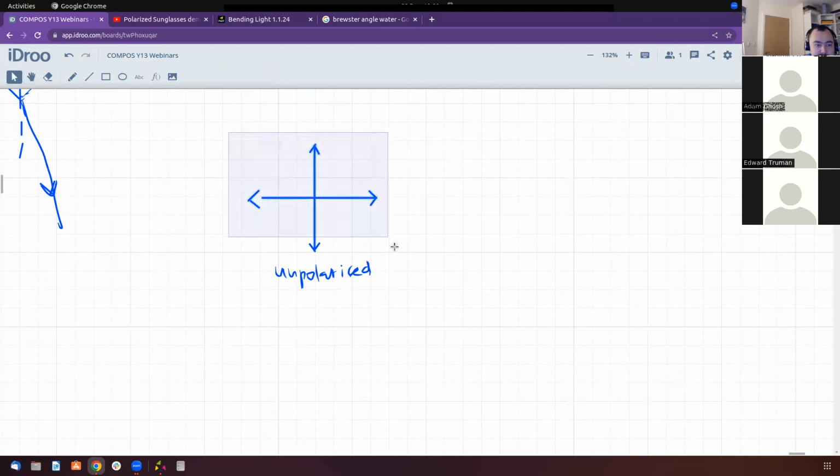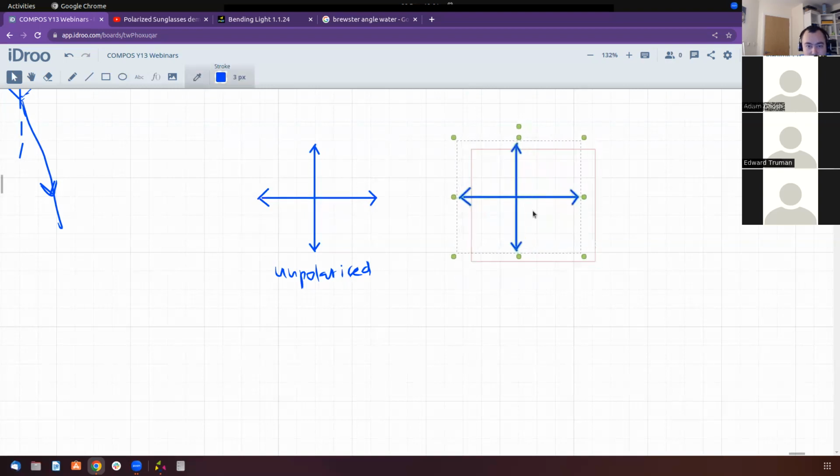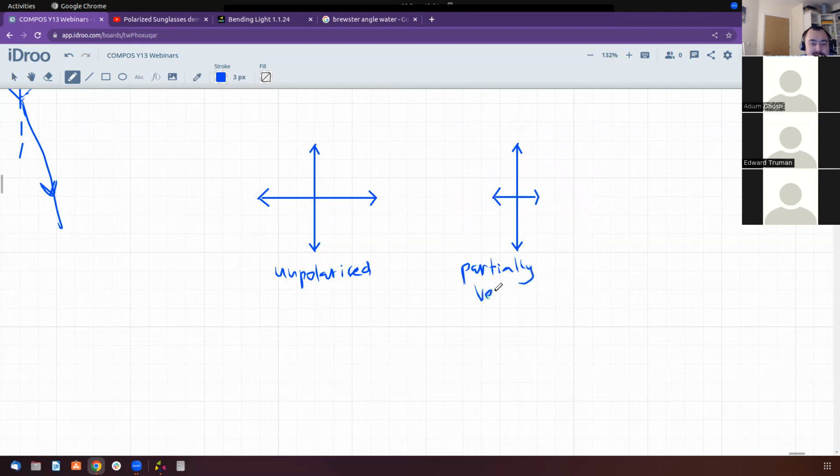Now, if you take the same thing, this is partially vertically polarized.